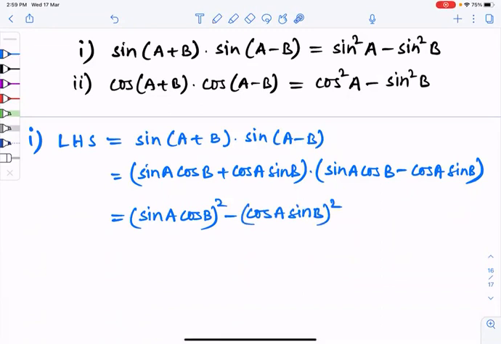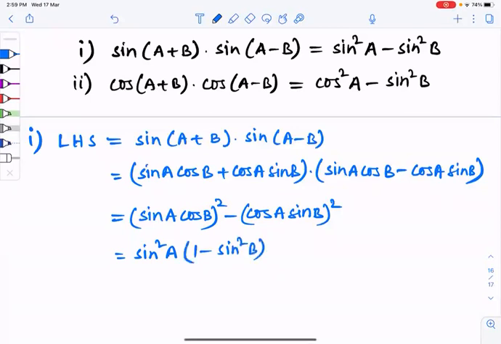Okay, you see, I have to prove this is equal to that, and in that there is no cos, only sin. I have sin as well as cos. So what I will do, I will convert all the cos terms. Wherever I have cos, I will convert in terms of sin. So it is sin²A into cos²B, which is nothing but 1 minus sin²B.